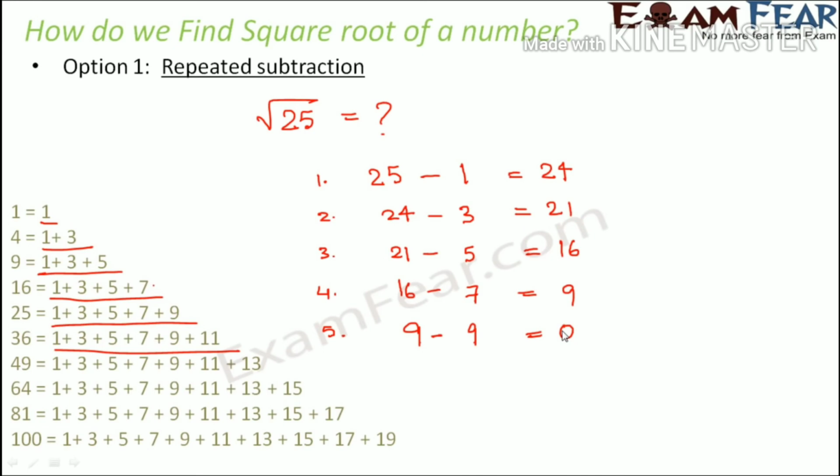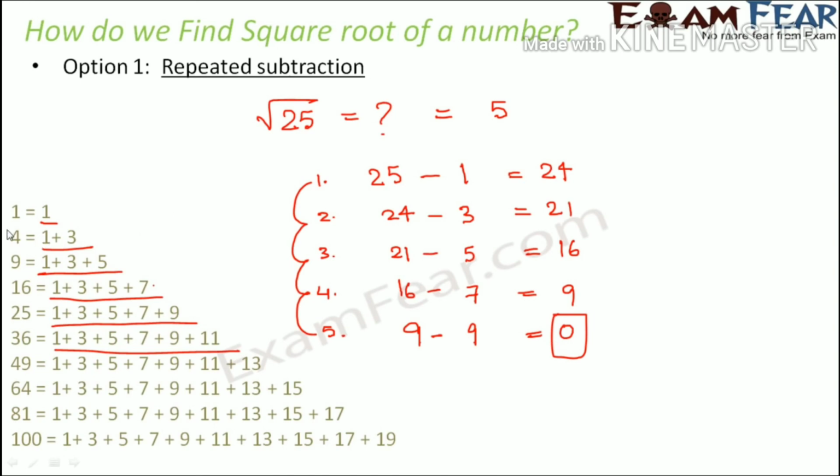So if it is a perfect square, then as you keep subtracting odd numbers from that number, you finally get 0. Now you have to see in how many steps you got this 0. In how many steps? 1, 2, 3, 4, 5. So you got this in 5 steps. That means the square root of 25 is 5. It is as simple as that.